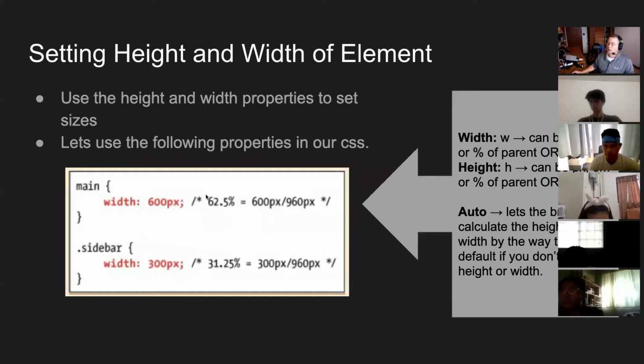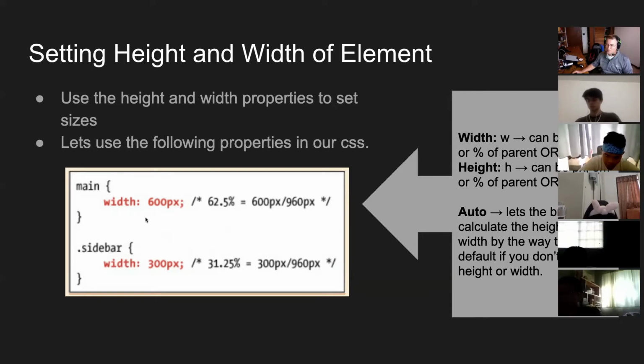Okay. So we have two properties here, and we're going to use these properties on our page. We have a main, which is the selector that refers to the main element, and we have a sidebar, which is the class that refers to the div that has the class sidebar specified. All right.